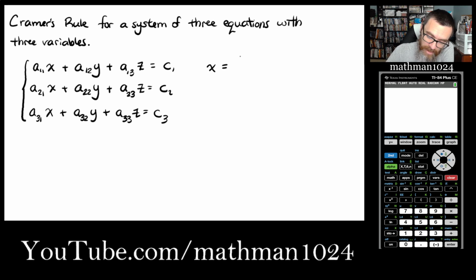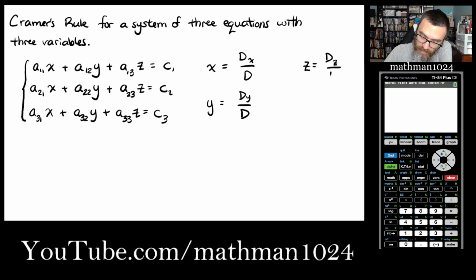Just like we had before, x is going to be the determinant matrix of x over the big determinant for the matrix. Y is going to be a similar kind of thing, and then z is going to be the determinant with z over the determinant itself.